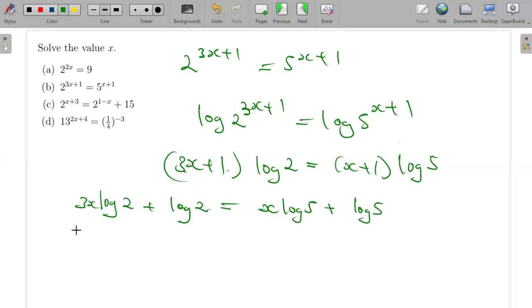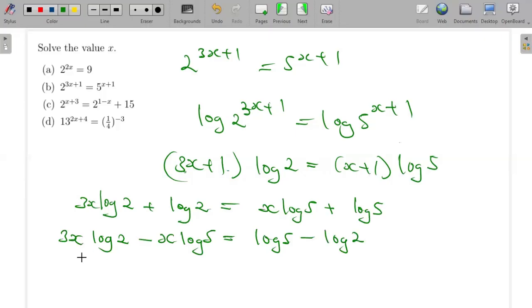Then I can group the ones that have the x's on the left, such that I have 3x log 2, and then I bring this to the other side, it becomes negative x log 5. And then I take the log 2 to the other side, such that I have log 5 minus log 2.